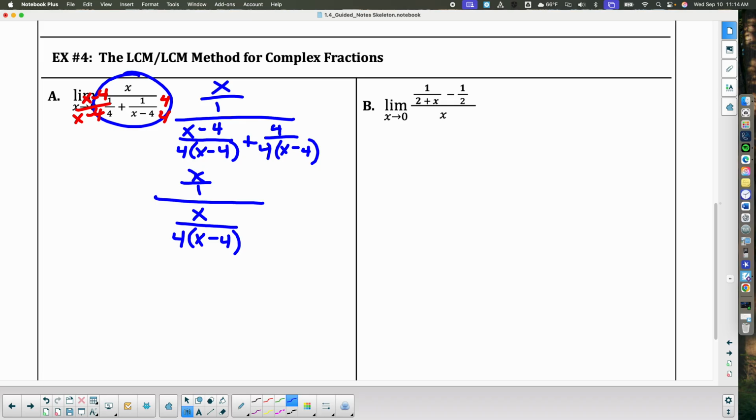So it's keep, change, flip: you keep the top, flip the bottom upside down, and change to multiplication. The x's would cancel. We now no longer even have a fraction once we reduce the base.